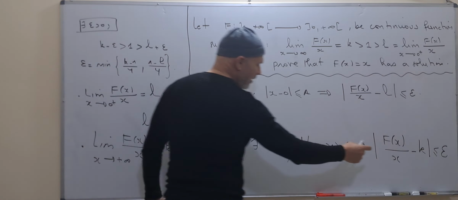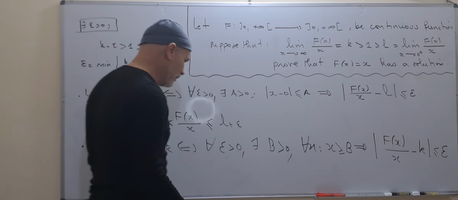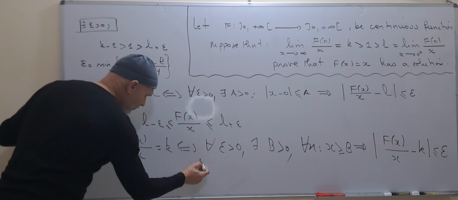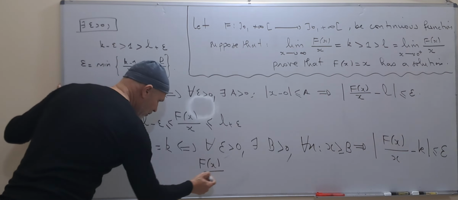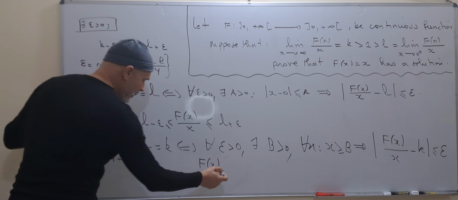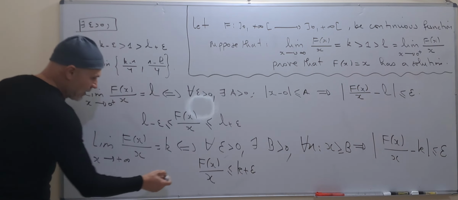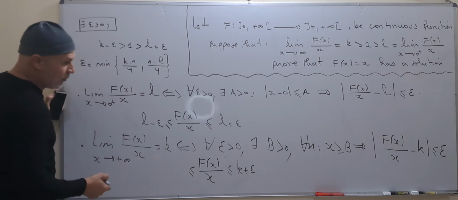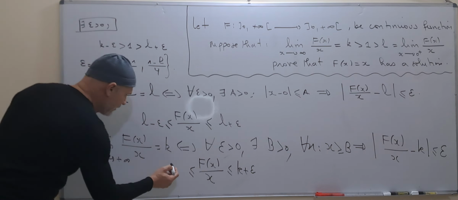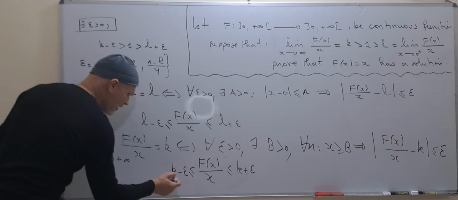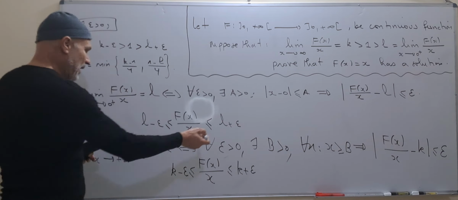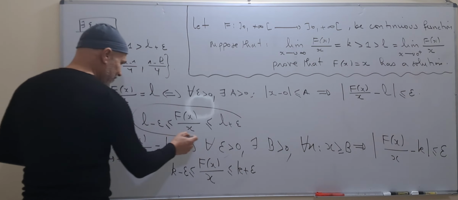We translate this inequality to be f of x over x less than k plus epsilon and greater than or equal to k minus epsilon. So we have these two formulas.